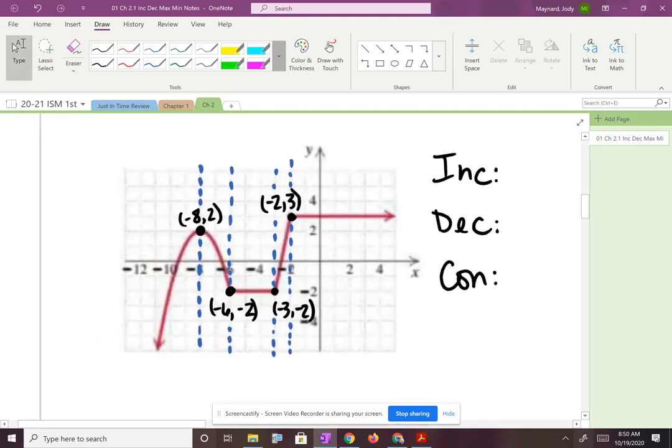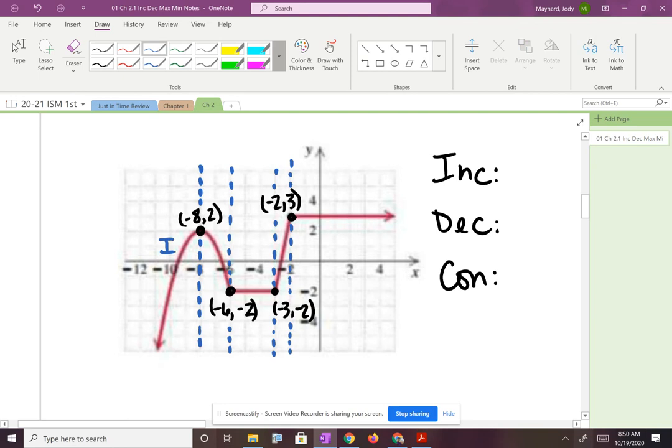So if we look at this left portion right here, what am I doing on my graph if I move left to right? Am I increasing, decreasing, or constant? Increasing, even though the arrow is pointed down. Like I said, ignore the arrows. So I'm just going to put a little I right here, I for increasing.